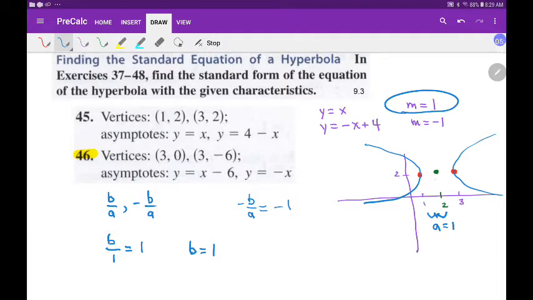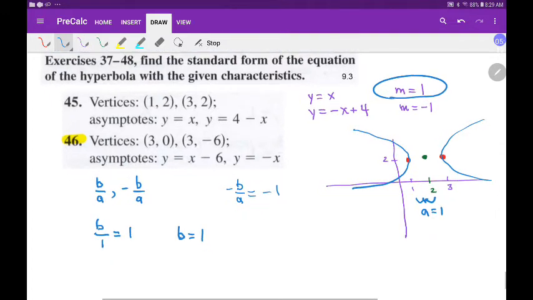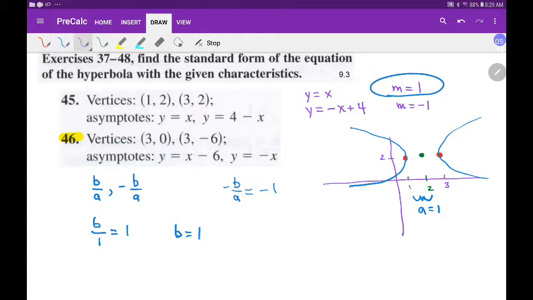So what else do we need to say? I think we said everything we needed to say. So we can say x is first because it's horizontal, right? X minus h, let me just write it out. X minus h over a squared minus y minus k squared over b squared.